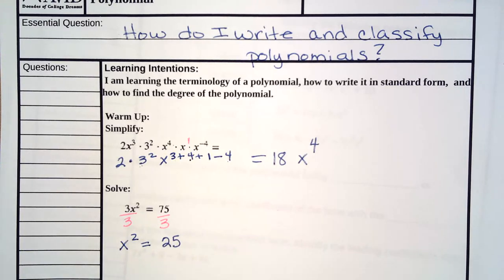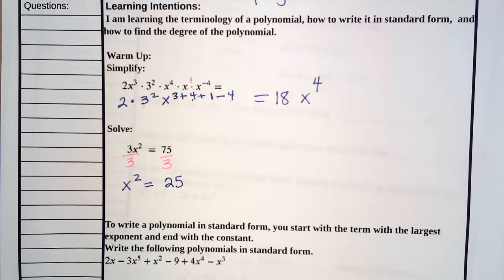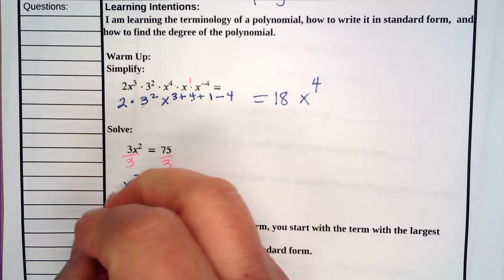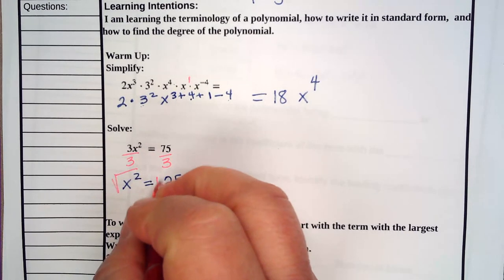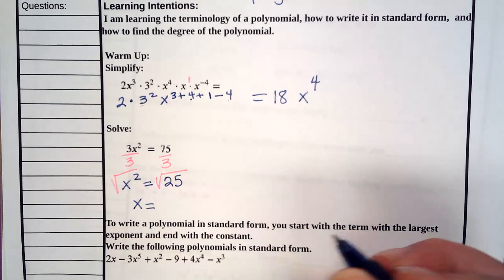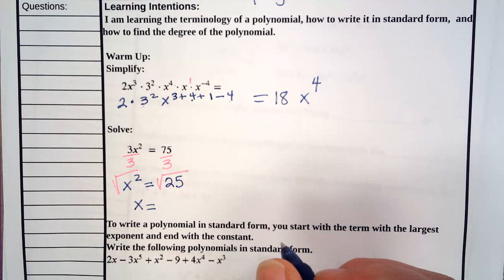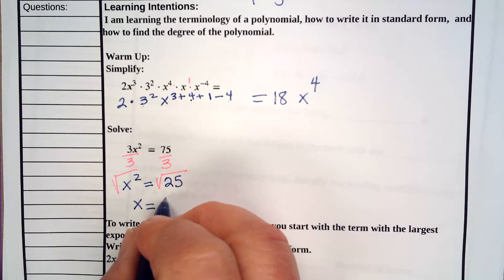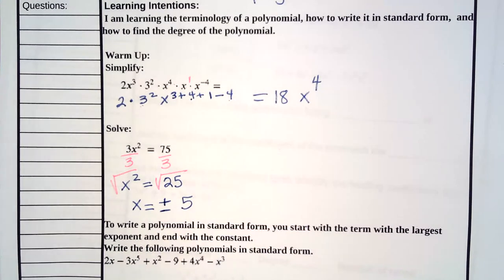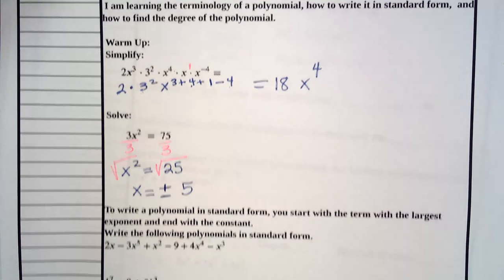What is the opposite of squaring? Square rooting. So I'll square root both sides. And x is equal to, remember how many square roots there are? There are 2, the positive and the negative, the primary and secondary. So it's a positive or negative 5, because the square root of 25 is 5.